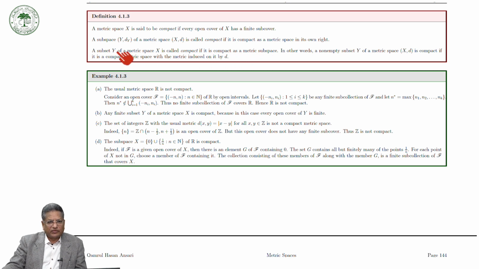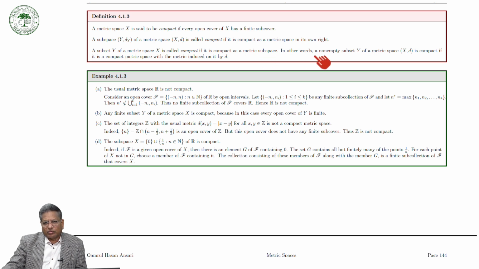So again, if you have a subset, we should make it a subspace by introducing the restriction of the metric d, that is d_Y. If Y has an open cover by sets open in Y that has a finite subcover, then Y is called compact.